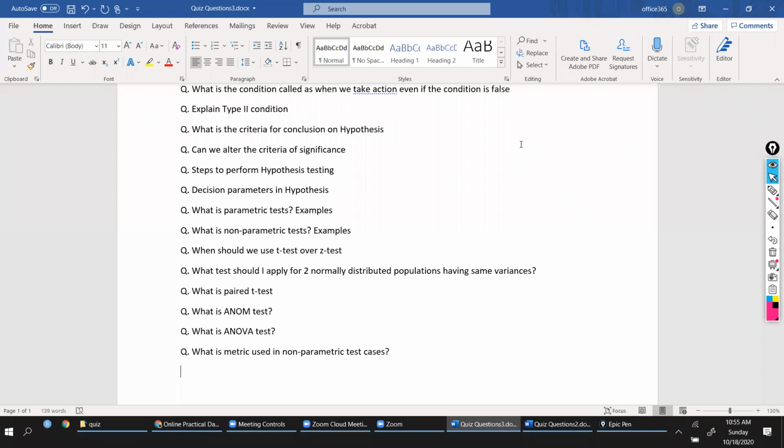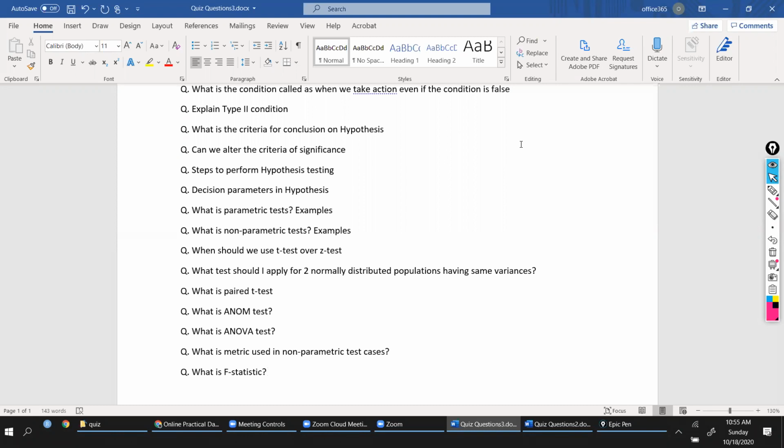What is F statistic? How do we calculate that? Very good.